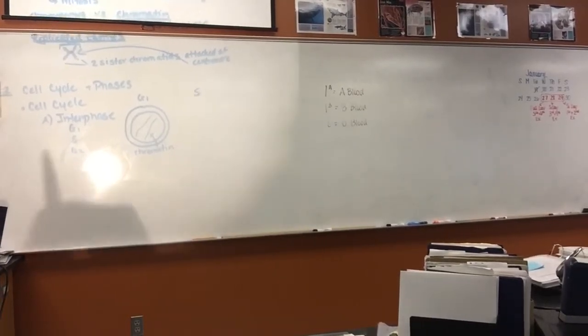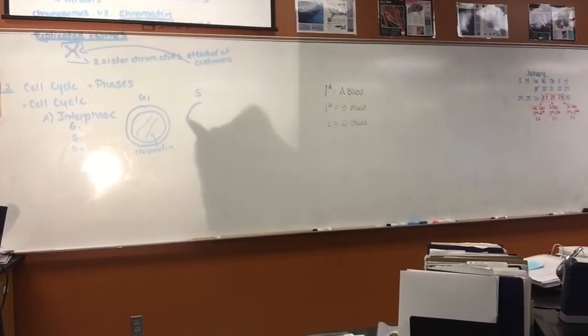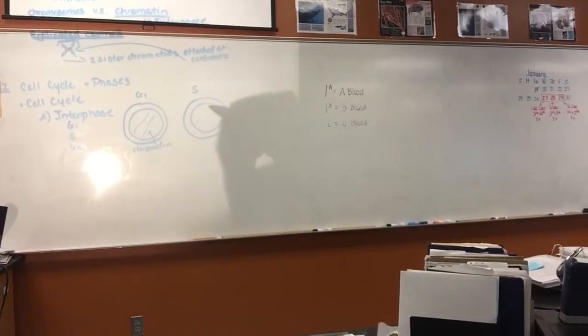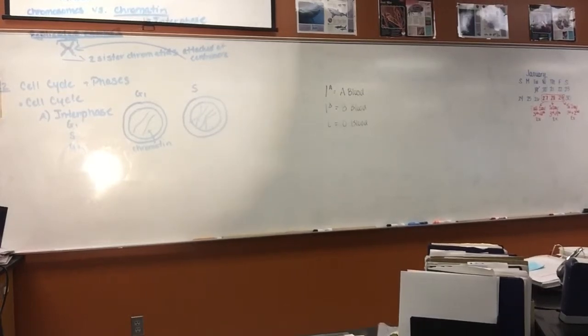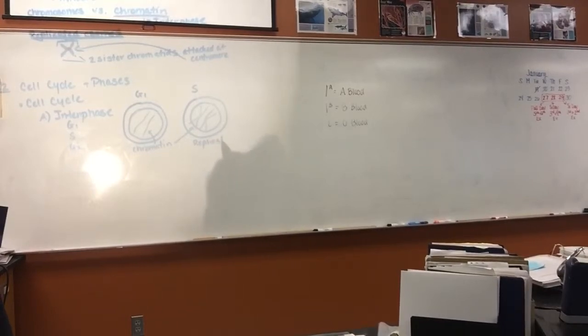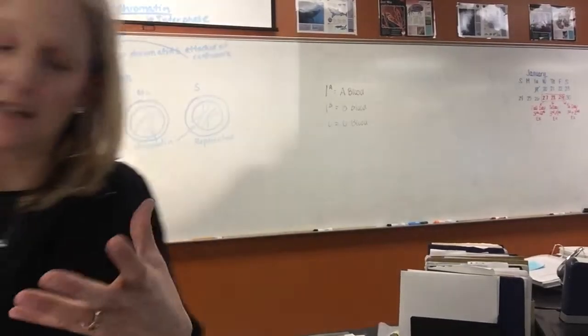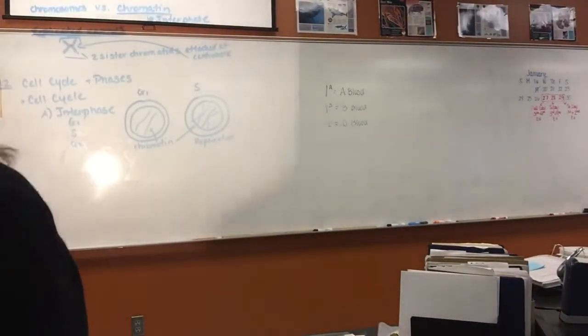Then when we say S phase, the DNA synthesis, or the DNA replicates, you have your original piece of DNA still in chromatin form, but now we replicate it, so this is an exact copy. And this side, here's the original, and it makes an exact copy. And it's still in long stringy form, so it's still chromatin in both of these. It's just replicated here. And it's not until it gets past interphase and starts mitosis that it begins to condense and form into chromosomes. All right?